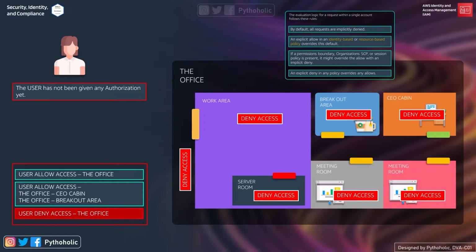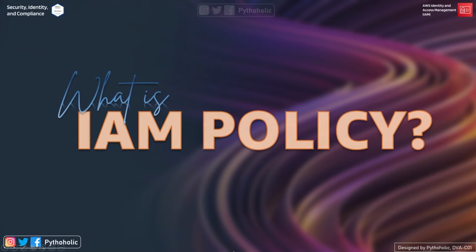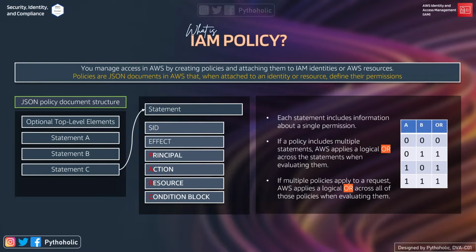Now that you know how, why and what is access management, let's talk about what is an IAM policy. We have already discussed what an IAM policy is, but we have to discuss it in depth now. In AWS, we can manage access by creating policies and attaching them to the IAM identities or AWS resources. By now, I'm sure you understand what identities and resources are.